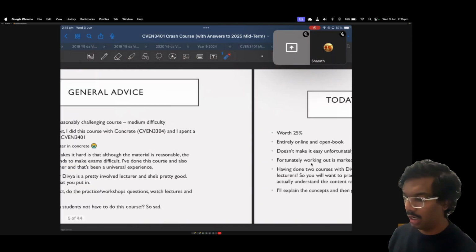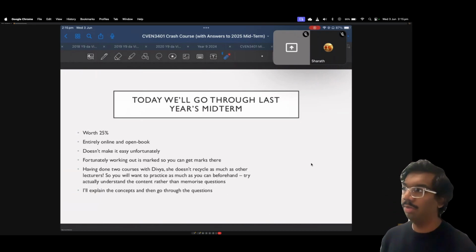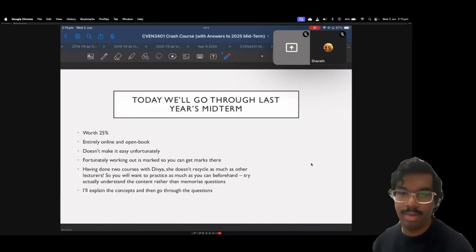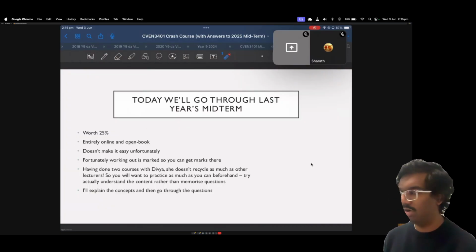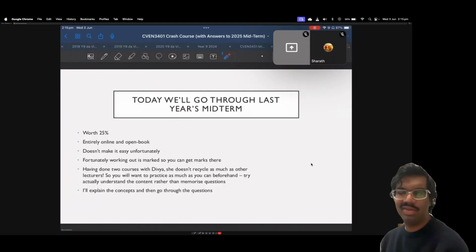Okay, so we'll go through last year's midterm today. It's worth 25%. It's entirely online and open book. I wouldn't say this makes it easy. I found it pretty challenging when I did it. Fortunately, your working out is marked, so it's not like those annoying Inspero exams. And having done 2 courses with Divya, she doesn't recycle as much as other lecturers.